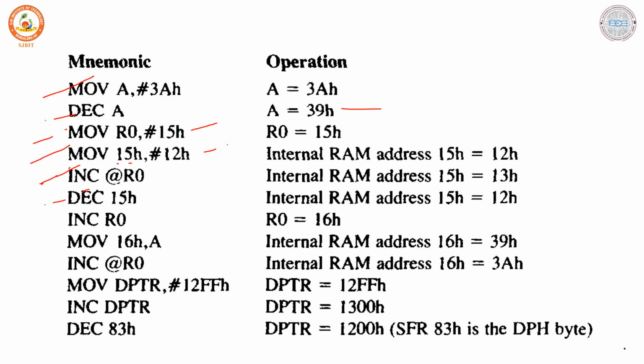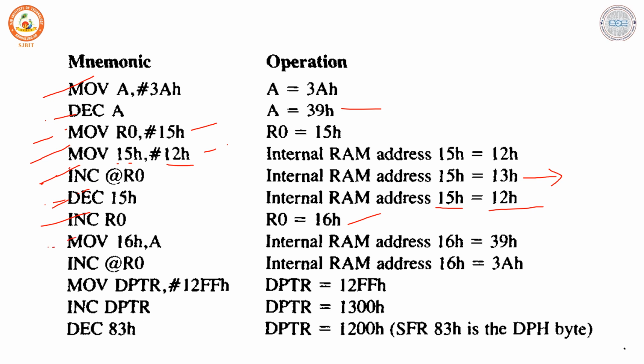The content of the address location 15H is 12, which gets incremented to 13. Then when I perform decrement 15H, the content of address location 15H is 13, which is decremented by 1, and that is 12H. When I again perform increment R0, R0 is having 15 and that gets incremented to 16. So the difference between indirect addressing and direct addressing is clearly understood here.